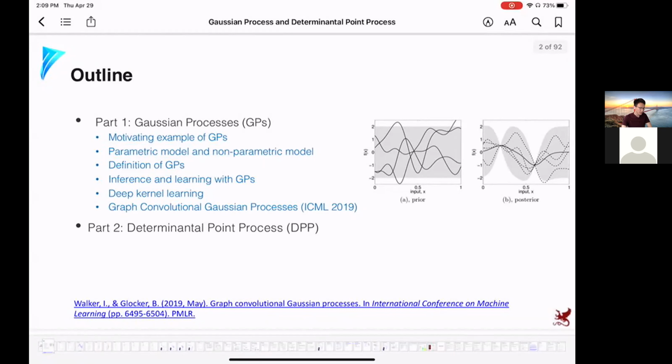For Gaussian process, we are actually going to define a distribution on functions. And for determinantal point process, we're going to define a distribution on sets. So both of these are special objects beyond the traditional simple random variables. We will be more precise when we get to the actual definitions.